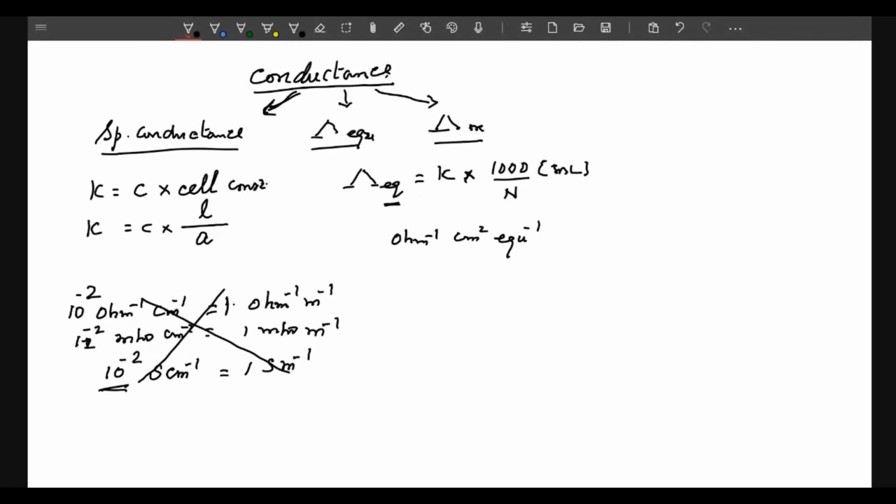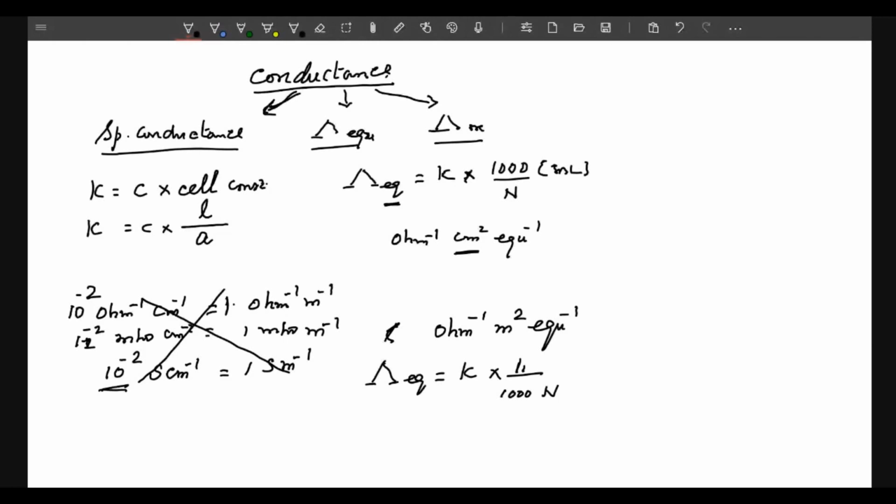Sometimes you may be asked for the equivalent conductance in the unit of meter square per equivalent. In such cases, you have to write the equation like this: lambda equivalent is equal to kappa into 1 by 1000 into normality.